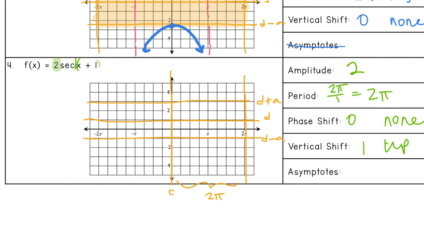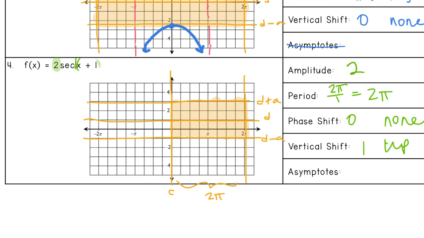So now we created our little rectangle space. Hopefully you guys can see it right here. This is where that 1 cycle of secant is going to go. I'm going to start with the asymptotes.